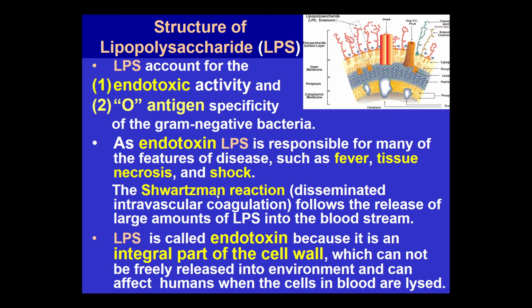If this reaction occurs inside the bloodstream, the so-called Shwartzman reaction may occur. That is disseminated intravascular coagulation that follows the release of a large amount of endotoxin into the bloodstream.